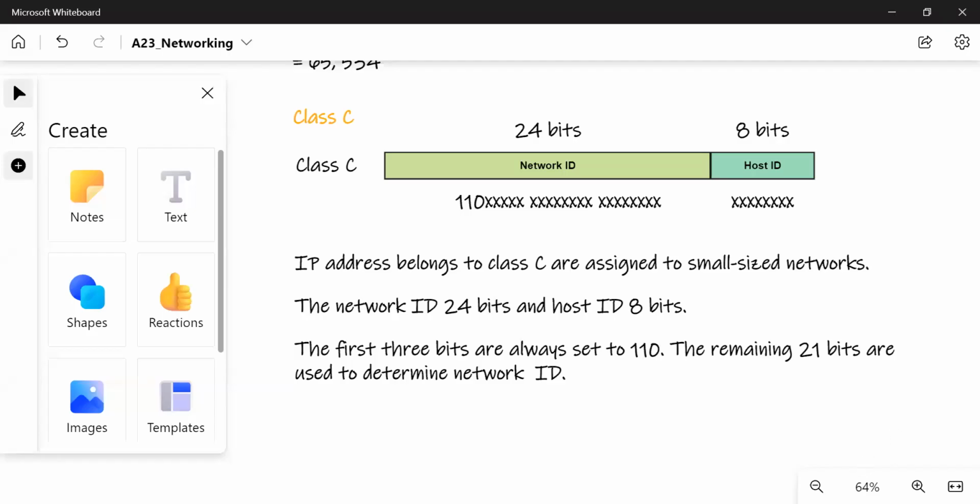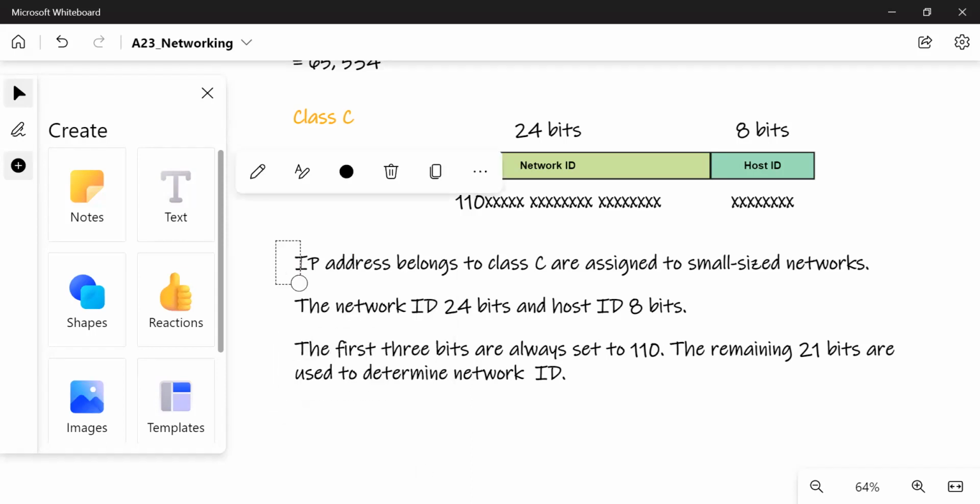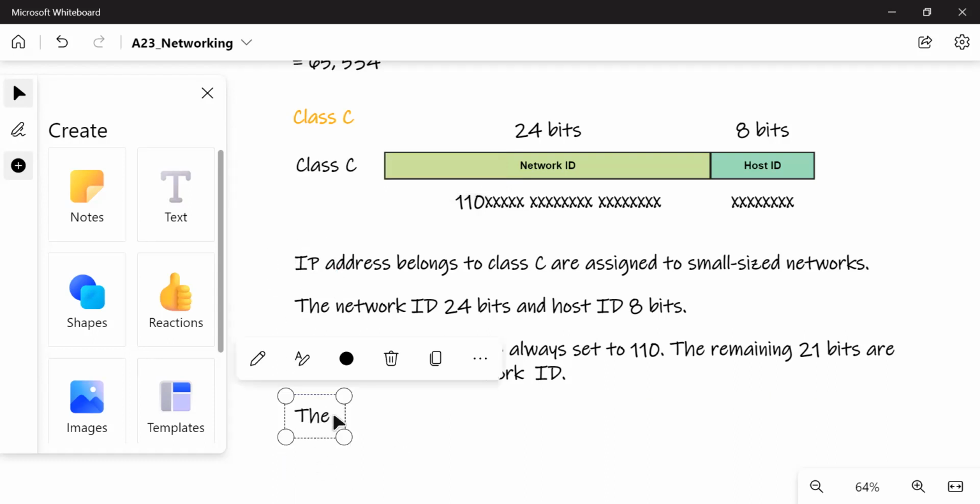Okay. So the next one we are going to talk about is the subnet mask. Let's talk about the default subnet mask.